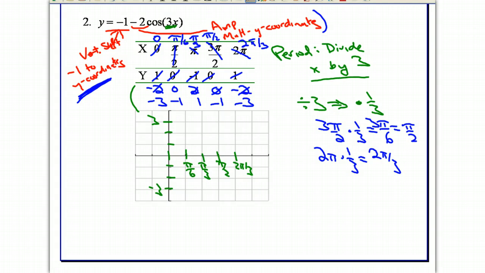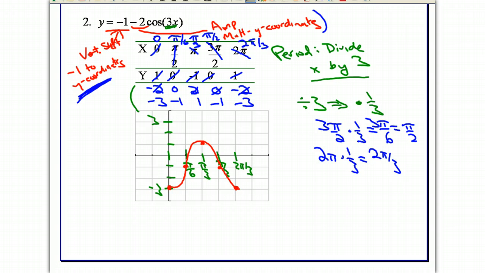We plot our points at 0, we're at -3. Pi 6, we're at -1. Pi thirds, we are at 1. All right, yep. Pi halves, we're down to -1. And 2 pi thirds, we're back down to -3. Connect it again with a nice smooth curve.